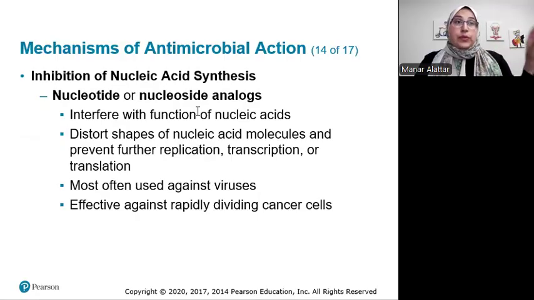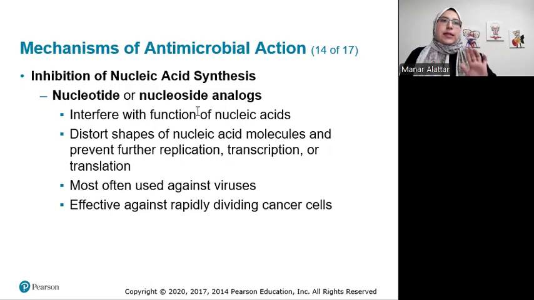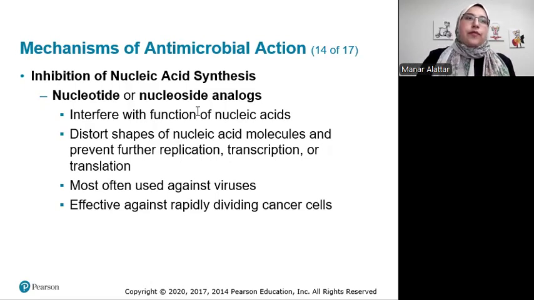So when they're used to make DNA or RNA, that DNA or RNA is rendered non-functional, and in that way the pathogen or virus is inhibited. That is particularly useful against viruses. The first of these nucleotide and nucleoside analogs was the first effective drug against HIV, which was developed by Gertrude Elion, who received a Nobel Prize for her research in 1988.